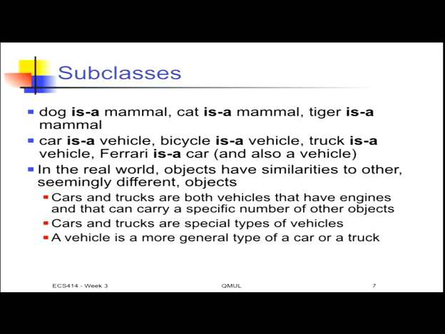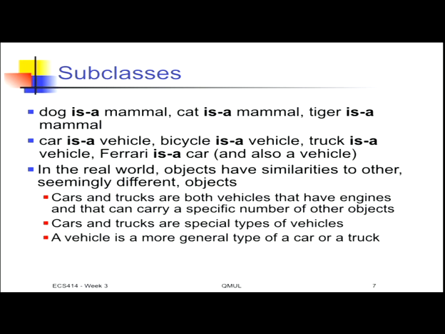Okay, so let's talk about inheritance and what it's about. Here we have a few English sentences like dog is a mammal, cat is a mammal, tiger is a mammal, car is a vehicle, bicycle is a vehicle, truck is a vehicle, and so on. You see all these sentences are of different nature, but they all have this "is a".